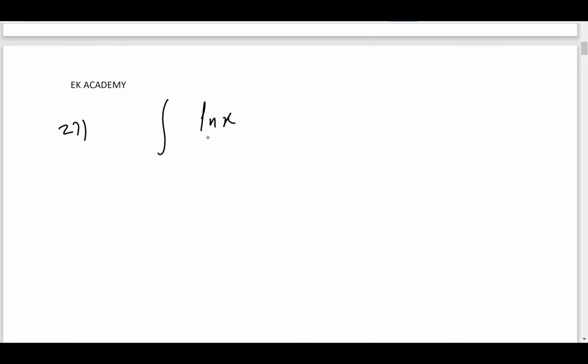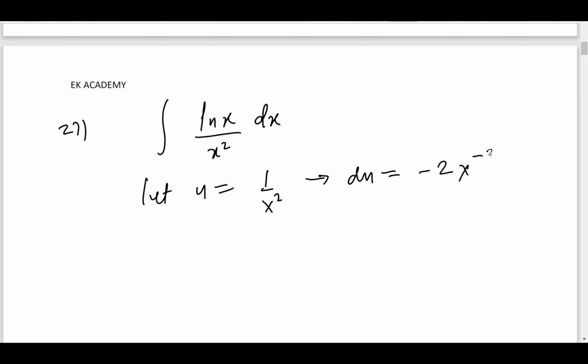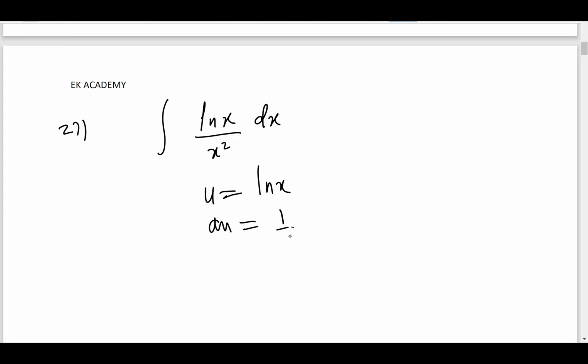Dear students, for this one, u here will be ln x, and du will be 1 over x dx. And dv will be 1 over x squared dx.